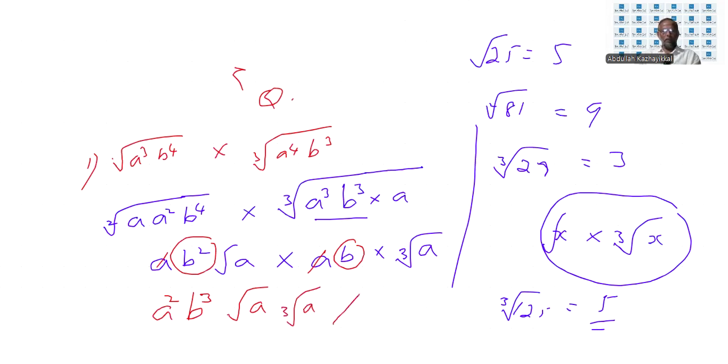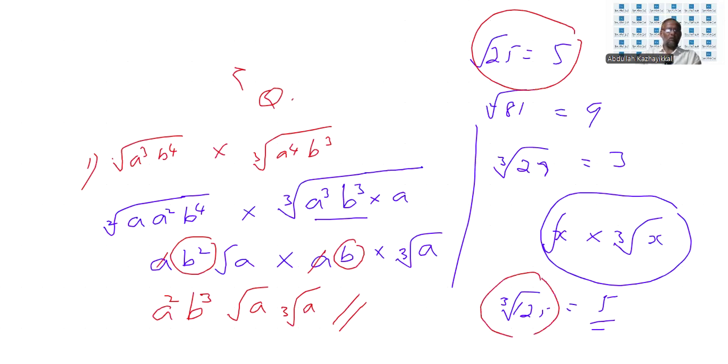Don't confuse root A into root A, not A. This is cube root of A into cube root of A. The square root of A is greater than the cube root of A, as you saw here. Square root of 25 and cube root of 25 is not 5. Cube root of 125 is 5. I think you understood. So please do this one.